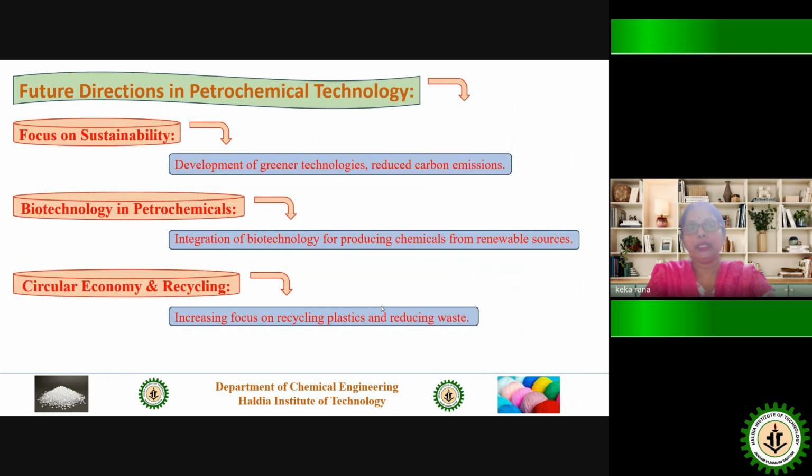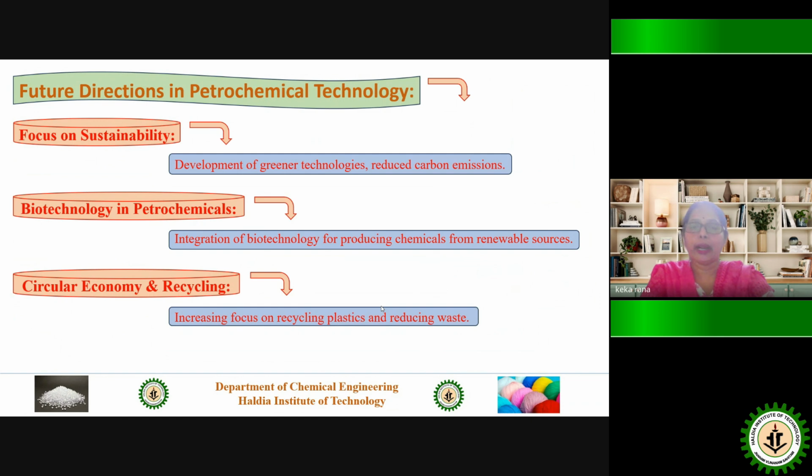What is the future direction in the petrochemical industry? Firstly, we must talk about the focus on sustainability. We have to develop more green technologies and reduce carbon emissions. We cannot depend solely on fossil fuels. Next, biotechnology in petrochemicals.